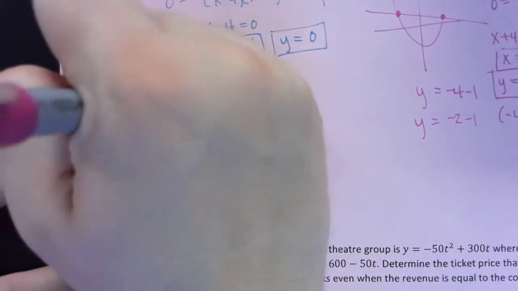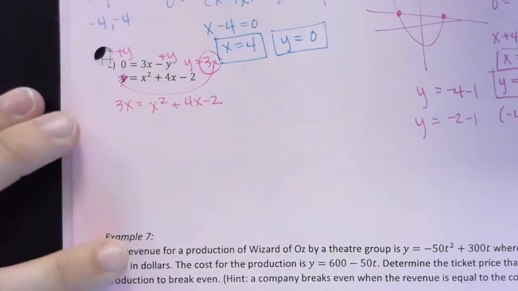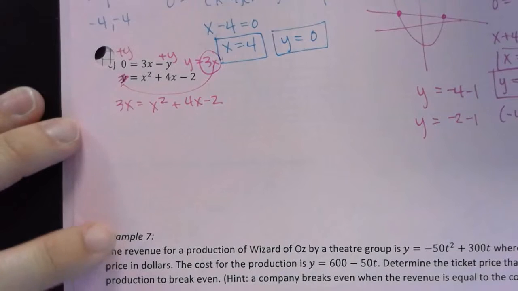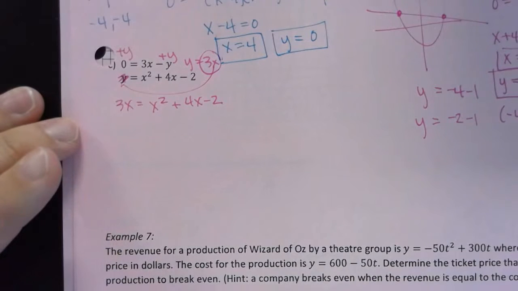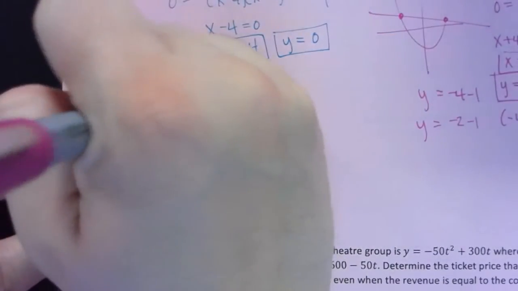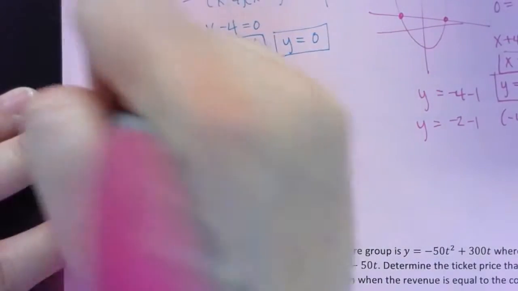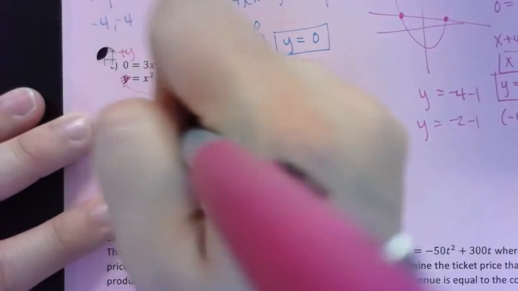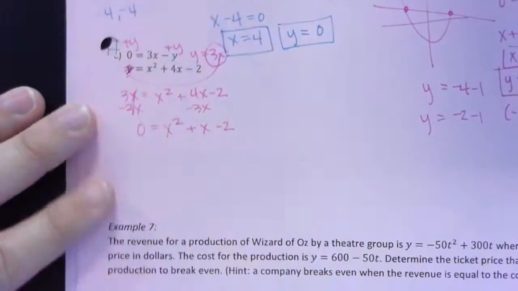So I've got 3x equals x squared plus 4x minus 2. Then what? Subtract the 3x. 0 equals x squared plus x minus 2.